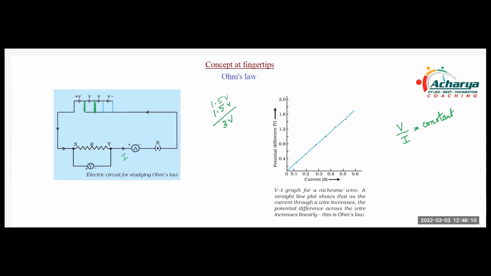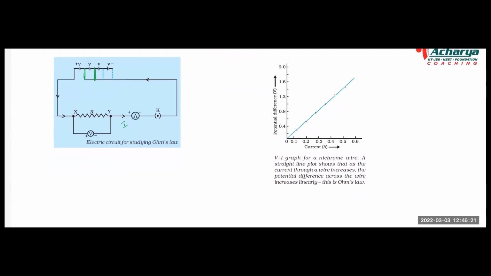From this we can write the relationship as V divided by I is a constant. This is Ohm's law. Or we can say V is directly proportional to I. That means if you increase the current through the conductor, the potential difference dropped across the conductor also increases.